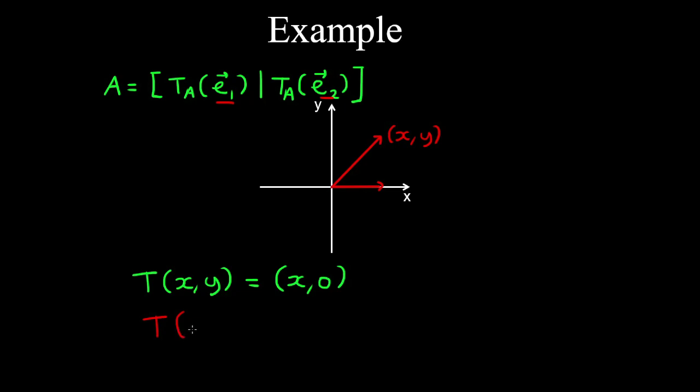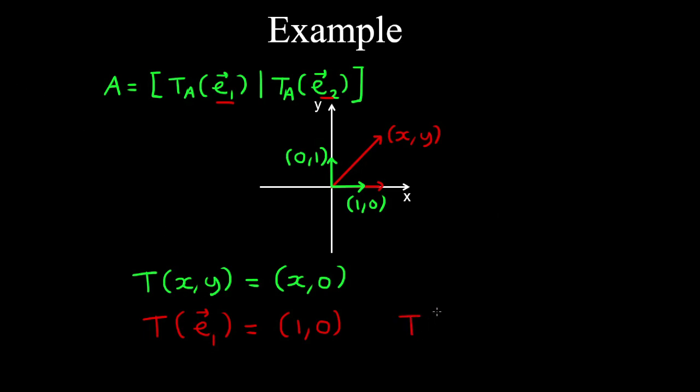Now we'll find the images of the standard basis vectors. The transformation of the standard basis vector E1, which is a unit vector with components 1, 0, we expect to remain as 1, 0. The standard basis vector E2 has components 0, 1.